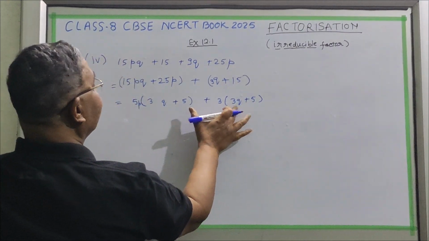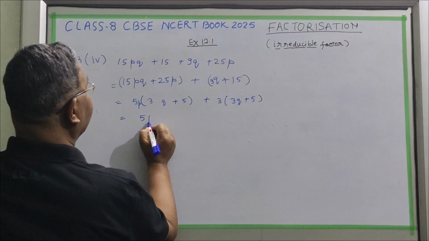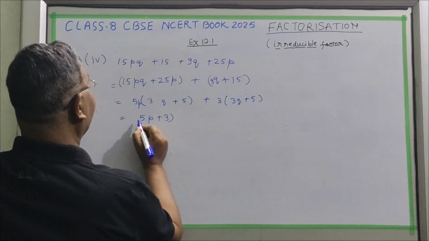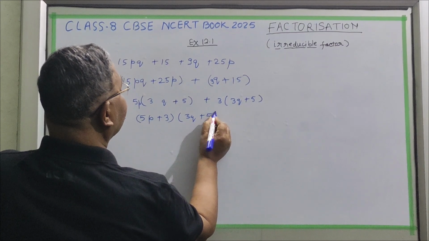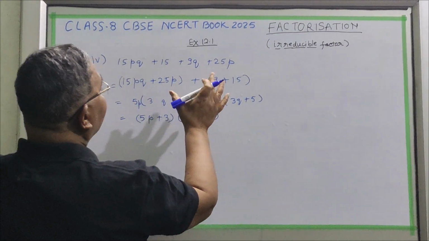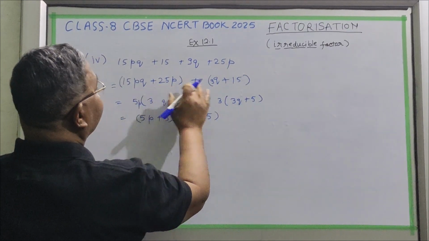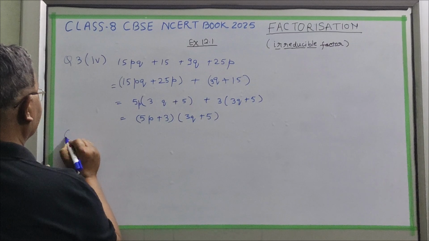Now you see here and here at least one common you have found. So the answer is 5P plus 3 in one bracket, and this 3Q plus 5 in another bracket. How have we done it? We have done it by finding factors. This is yours.